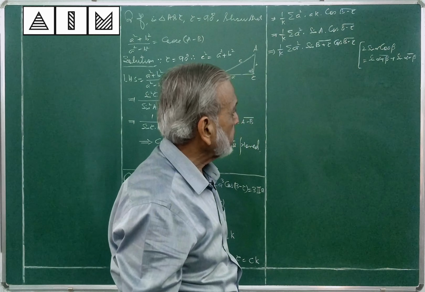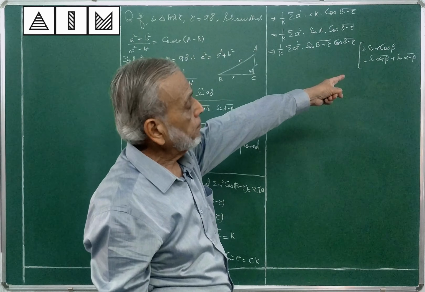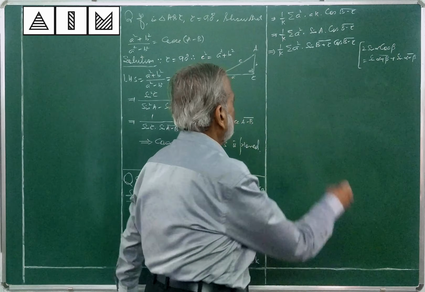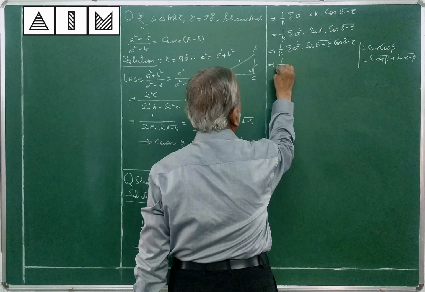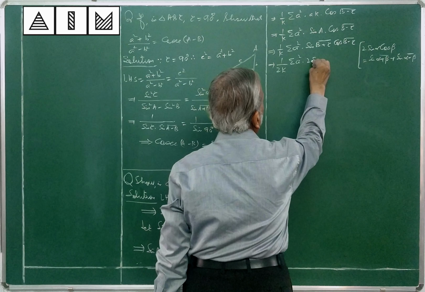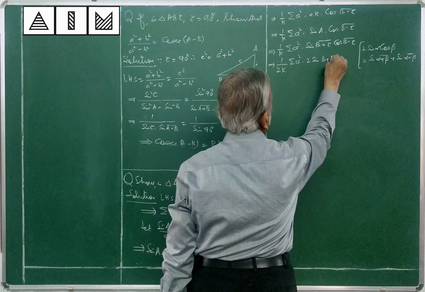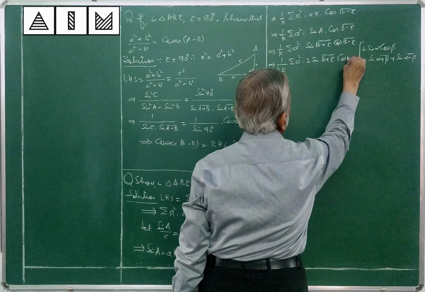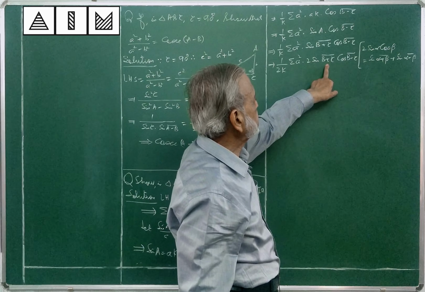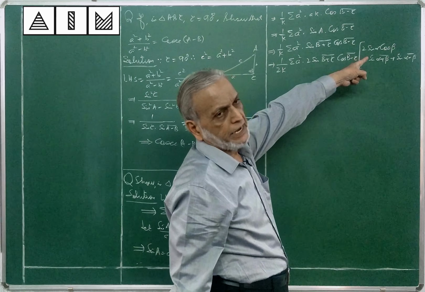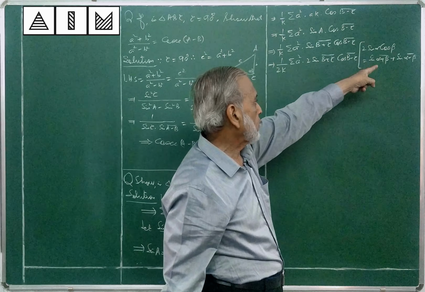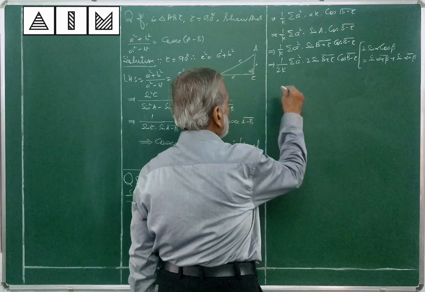There is no 2 here, I am introducing 2 also. Now this B + C will be treated as alpha and B − C as beta. So 2 sin α cos β, this formula is being applied to this part.